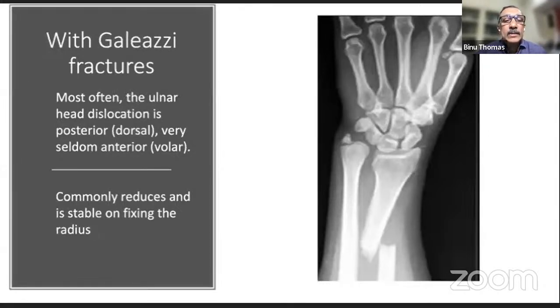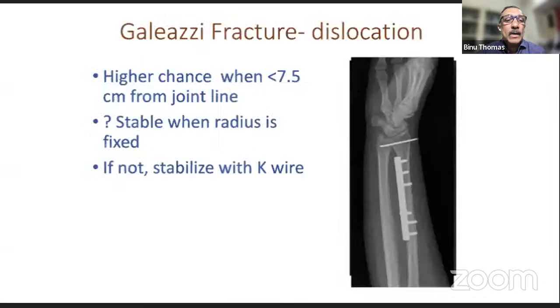The DRUJ instability becomes stable once the radius is well fixed. There are some indicators of instability, especially when the distal radius fracture is less than 7.5 centimeters from the joint line. And look again, as I said, with instability, try to stabilize with a K-wire. Nowadays, we prefer 2 K-wires rather than a single wire.